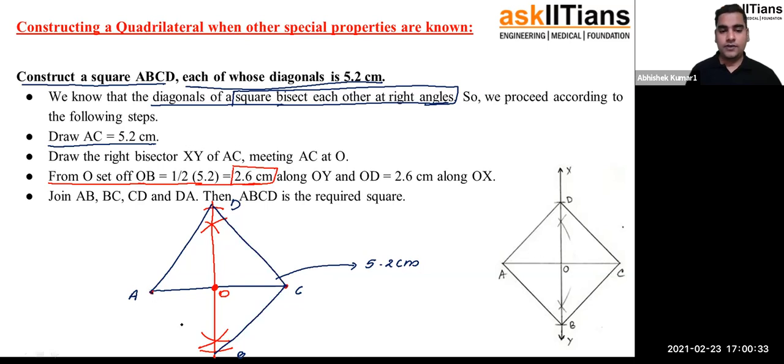So this is going to be a square. That's it. Understood? All the angles will automatically be 90 degrees here, so you don't need to worry about that. If these steps are followed properly, you will get the square automatically.